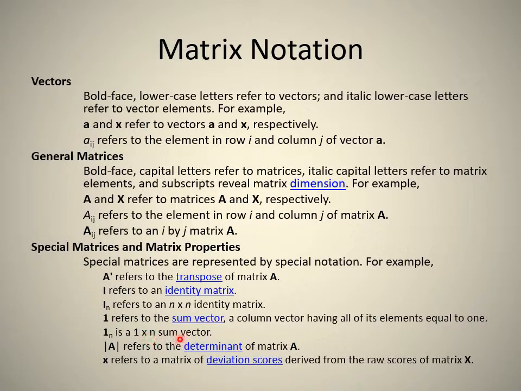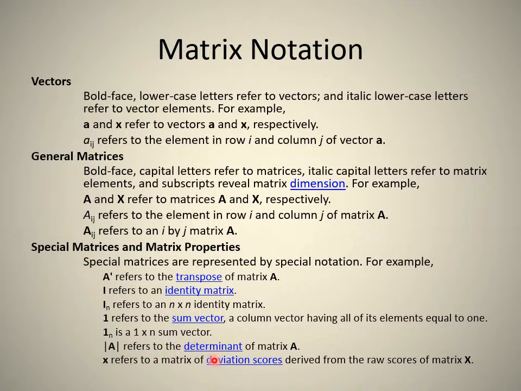1 refers to the sum vector, a column vector with all its elements equal to 1. So 1 with subscript n will be a column vector with, let's say, 20 rows in it.